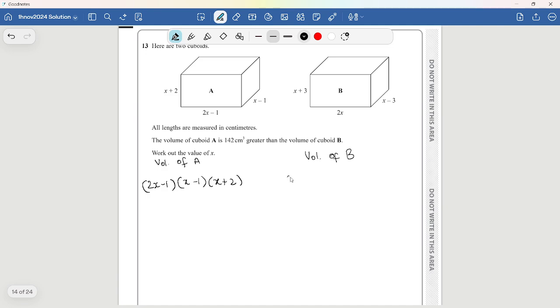So here the length is 2x times width is x minus 3 and the height is x plus 3. This is the volume of cuboid B.